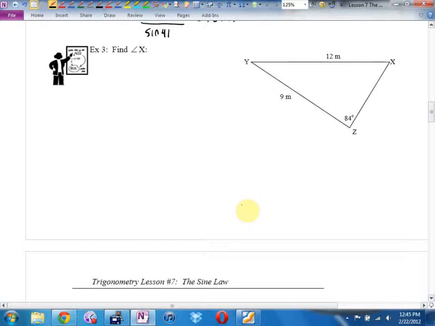Ready? Sine of, which angle do I know, Tanner? Angle what? Divided by, yep. Divided by little z equals the sine of big X divided by little x.